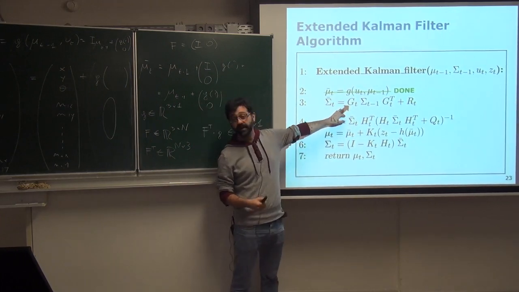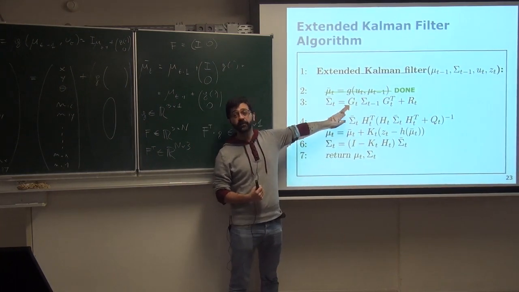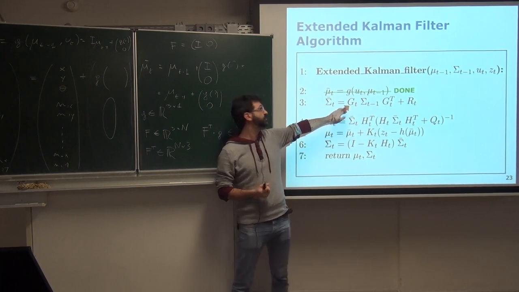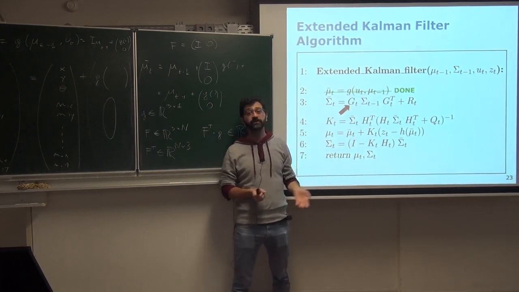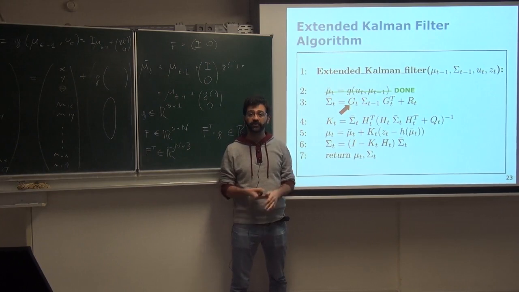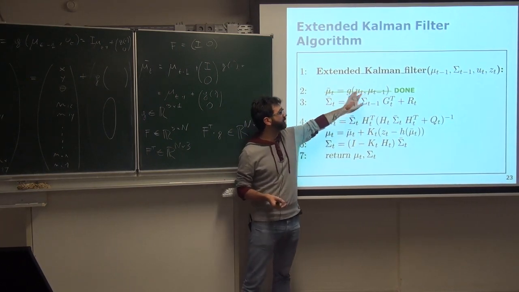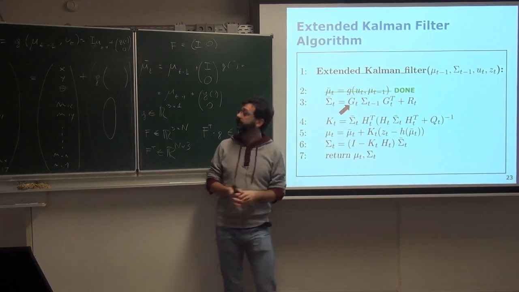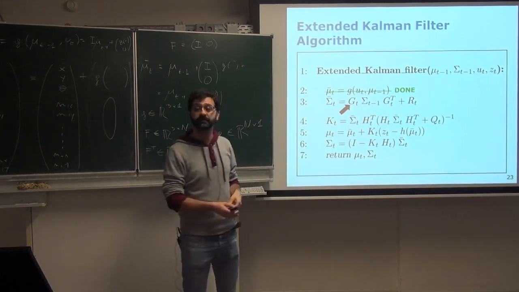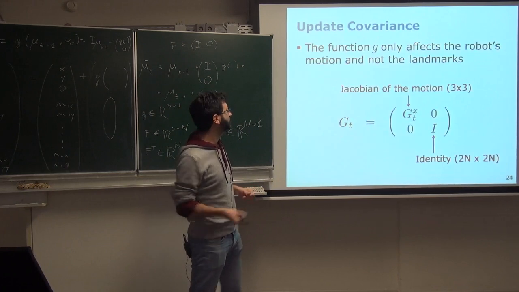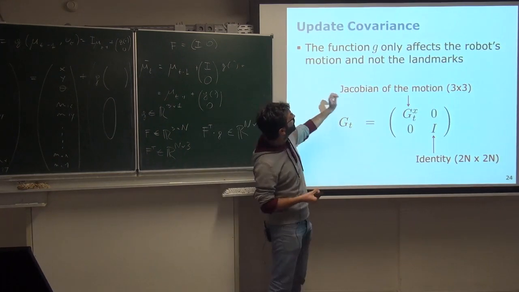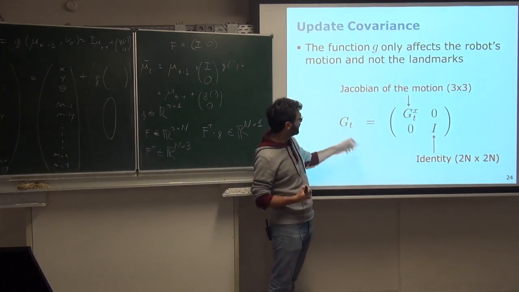And here we know from the EKF that we cannot use the function directly, but we need to get the first order approximation of the function, which is the Jacobian of G with respect to the full state space. So G is again what we've seen there, and G has somehow this structure.